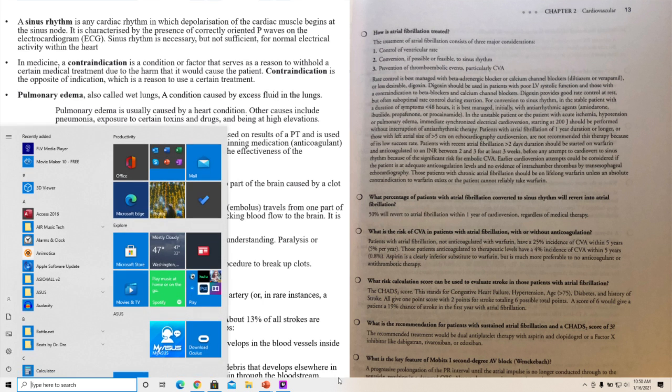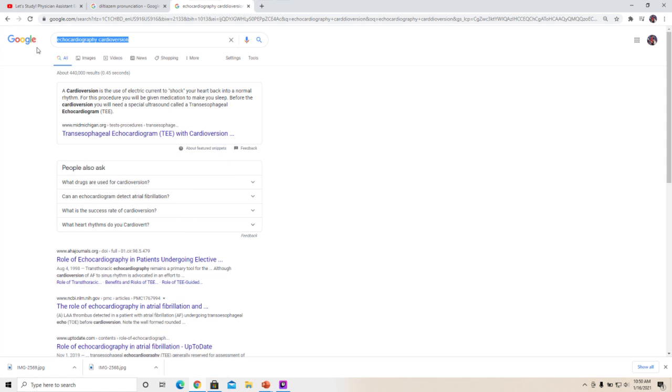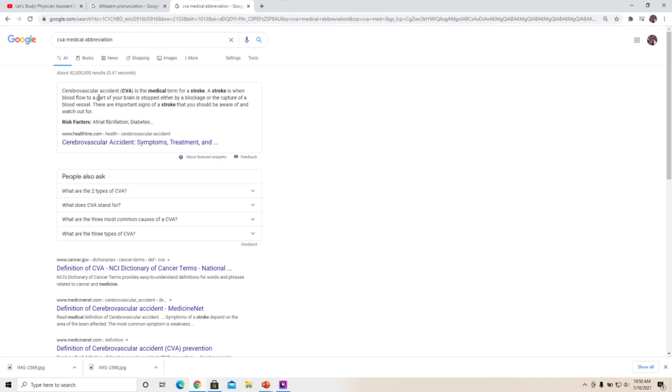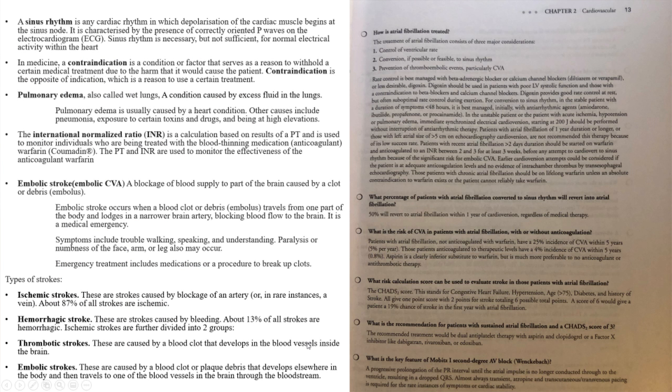So CVA is stroke, right? Oh, okay. So patients who have atrial fibrillation and are not anticoagulated have a 25% incidence of a stroke within 5 years. Those anticoagulated to therapeutic levels have a 4% incidence.